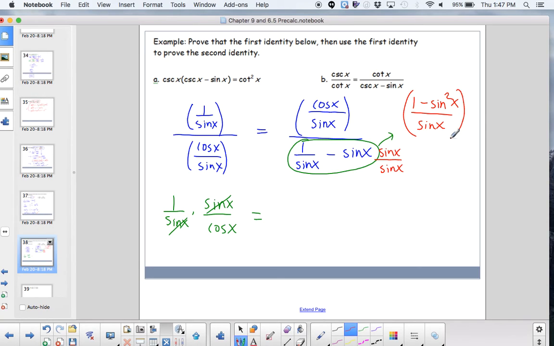Okay, so we have the division there, and so that would be the numerator, cosine x over sine x, times the reciprocal of this one, sine x over 1 minus sine squared x. Okay, and again you see some things that cancel out.